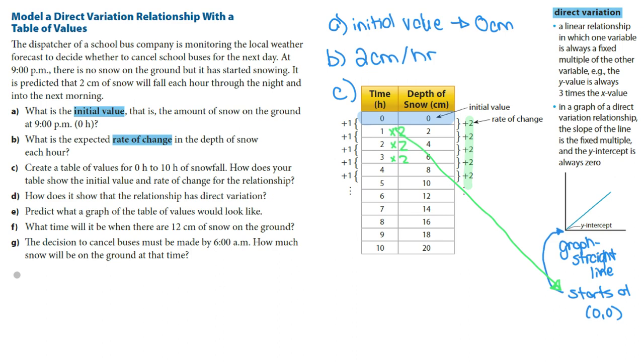All right, so the next one is, how does it show the relationship as a direct variation?